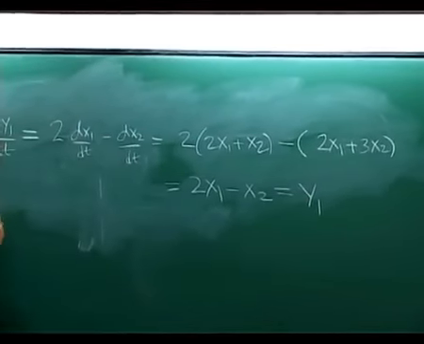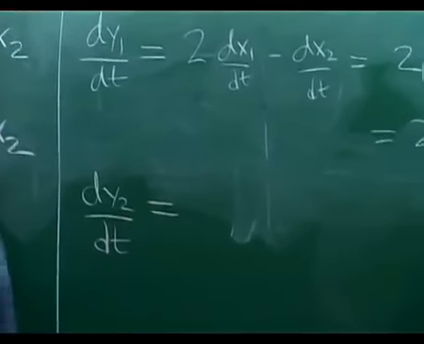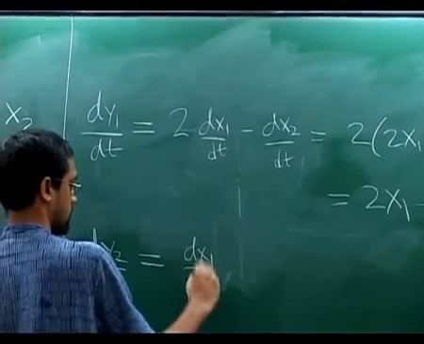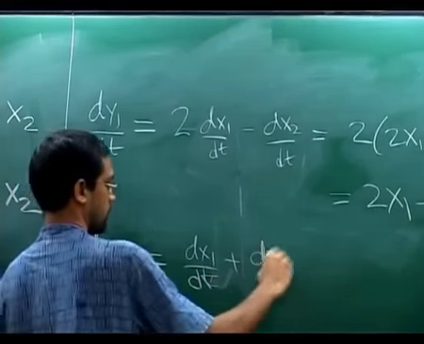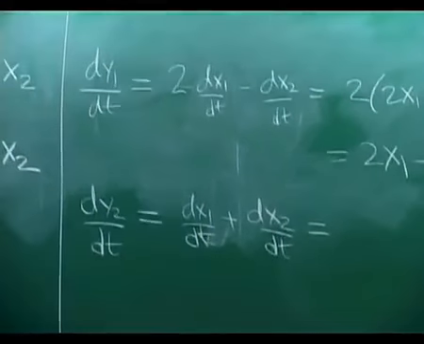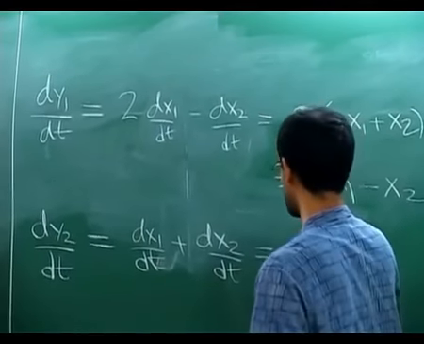Now let's do dy2 dt similarly. It is x1 plus x2, so it is dx1 dt plus dx2 dt. I need to add those two things: 4x1 plus 4 times x2, so 4 times (x1 plus x2).